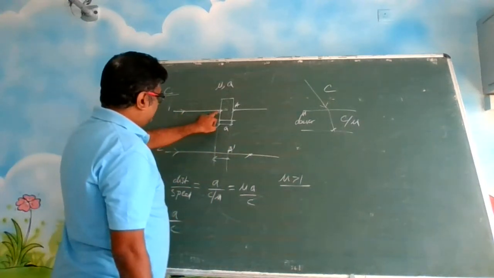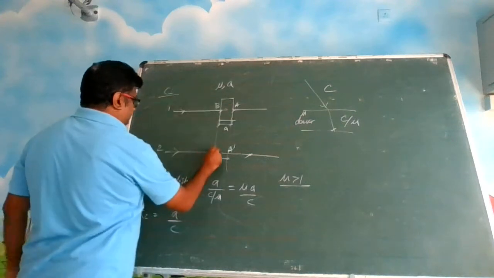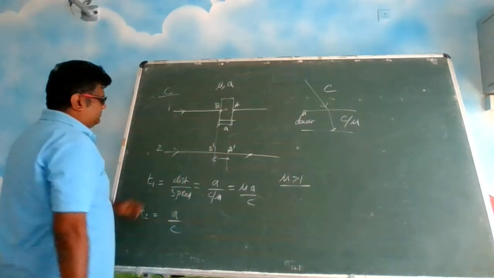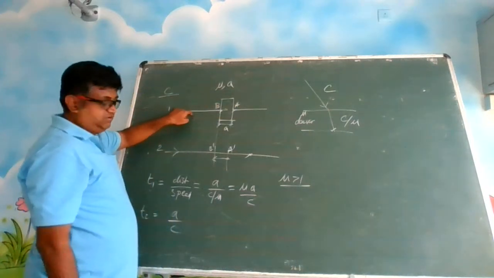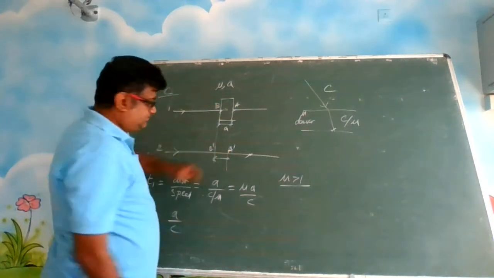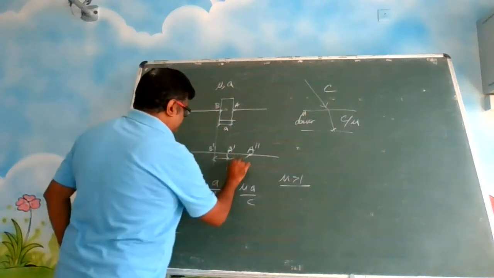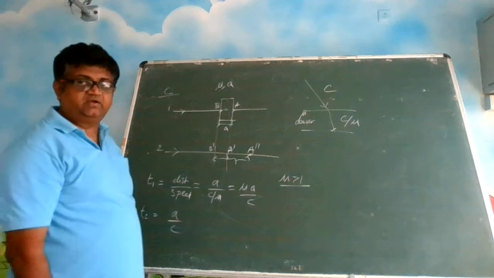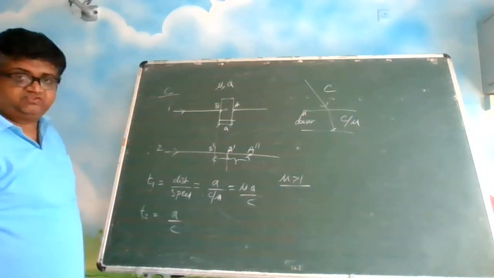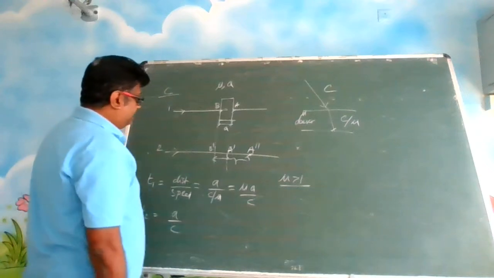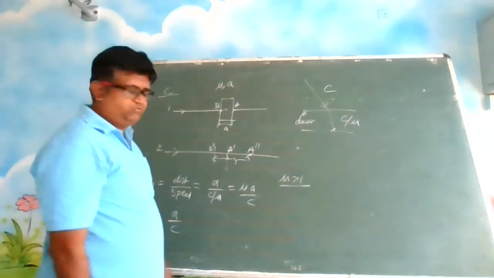Let us call this point B, and the corresponding point B dash. From B to A, when this ray reached, this ray is not at A dash, it is at some A double dash. You can see that a path difference is being created because of this glass slab. So this path difference we are trying to find out.